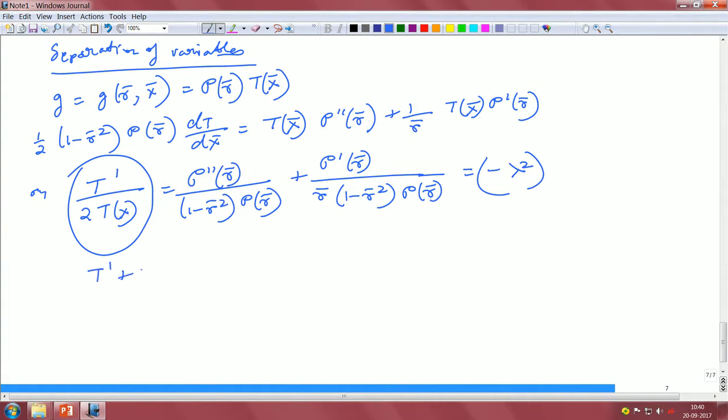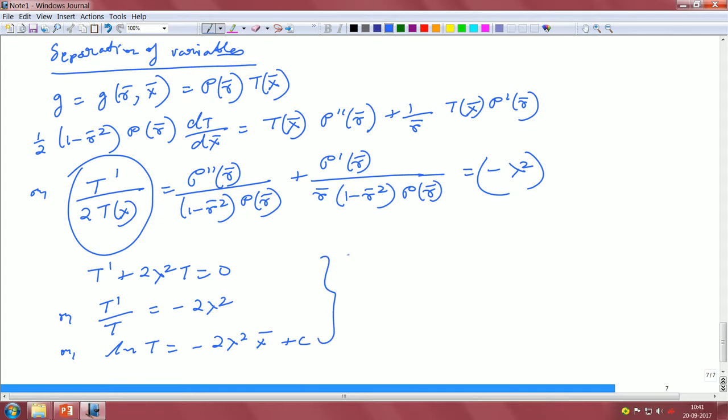So, t prime plus 2 lambda square into t is equal to 0, or in other words t prime by t is equal to minus 2 lambda square, or ln t is equal to minus 2 lambda square into x bar plus c. This actually leads to t is equal to c1 exponential minus 2 lambda square x bar.